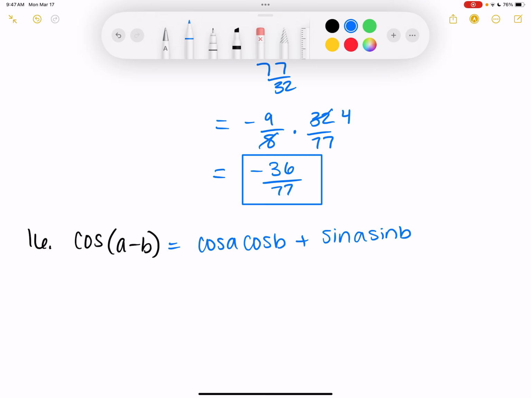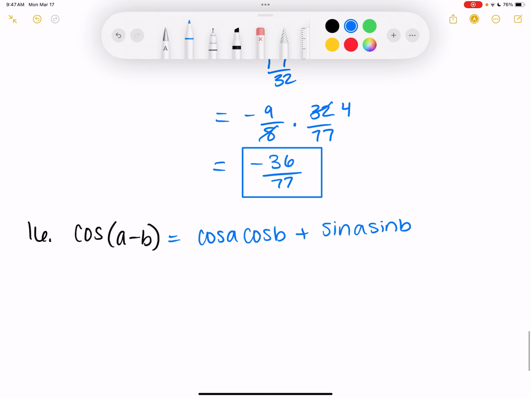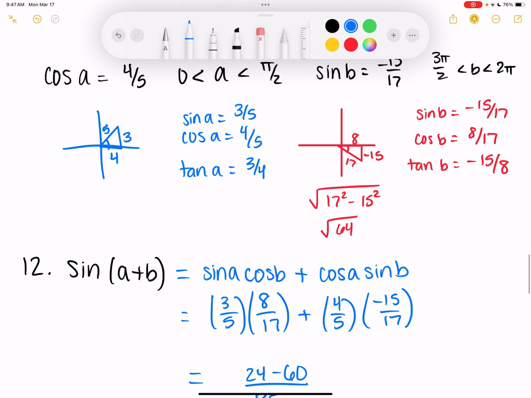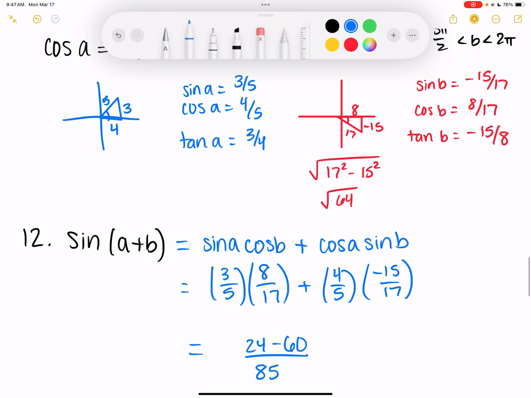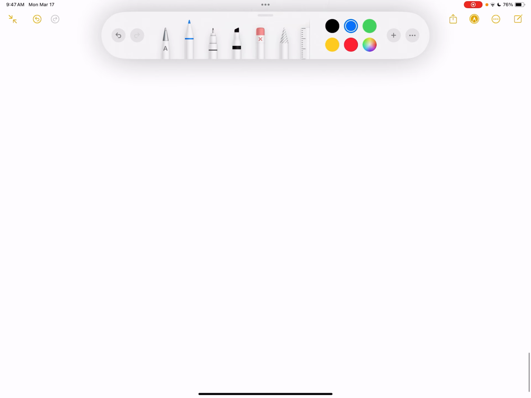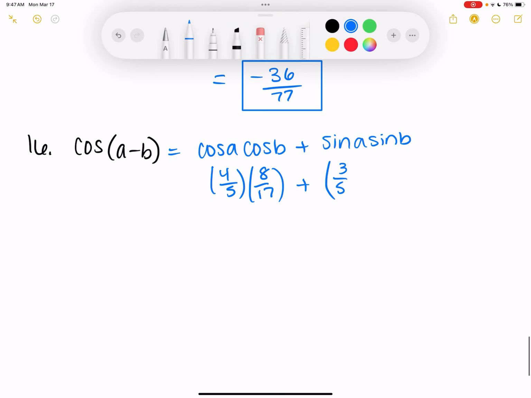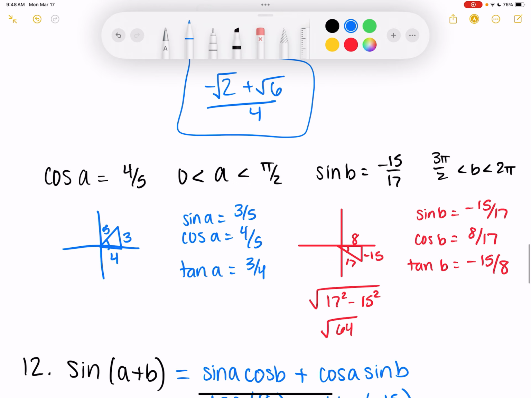All right. Cosine A was 4 over 5. Cosine of B, 8 over 17. Plus sine of A, 3 over 5. Sine of B, negative 15 over 17.